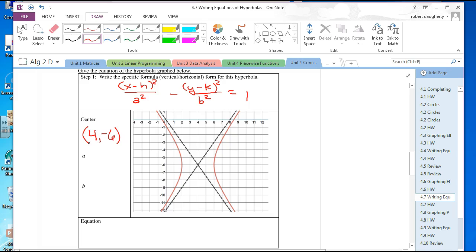How do I figure out what A is? A is the distance from where to where? The center to where? Come on, guys. A, horizontal, vertical. A is always the horizontal distance. So A is going to be the distance from here to here. How far is that? 2. Okay, B. To find B, think about it.